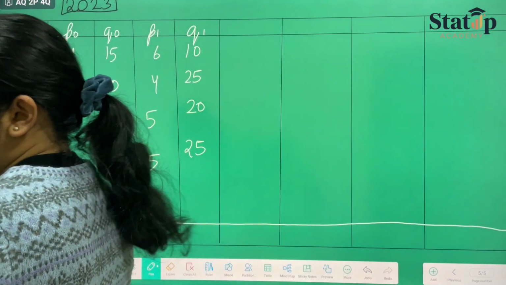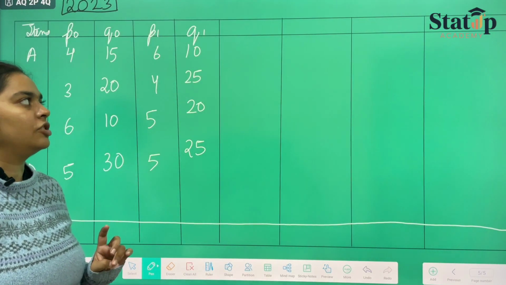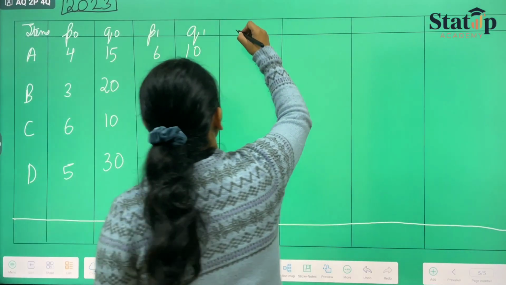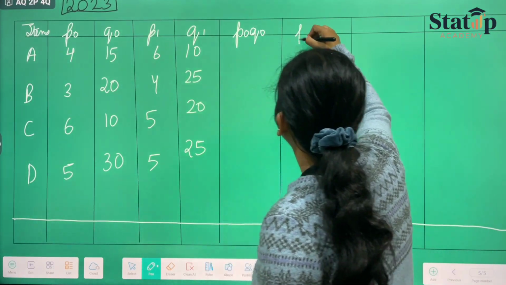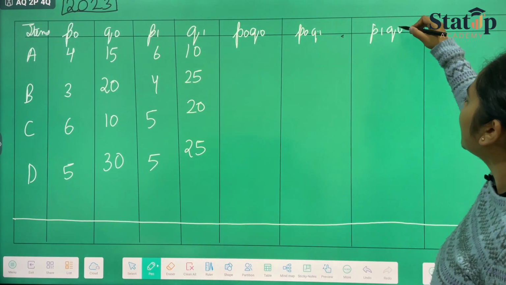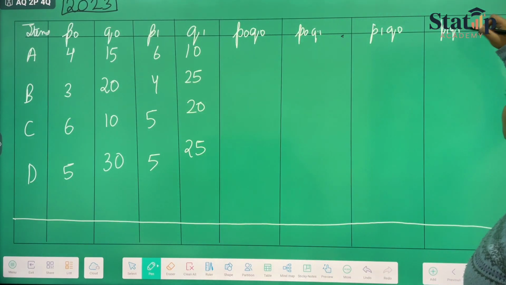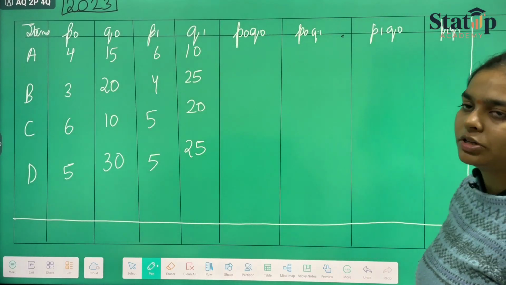And we have to calculate the Marshall-Edgeworth, Fisher's, Laspeyres, and Paasche. So for Laspeyres and Paasche, first of all, we have to calculate P naught Q naught, P naught Q1, P1 Q naught, and P1 Q1. We'll calculate this and we'll get Paasche and Laspeyres.